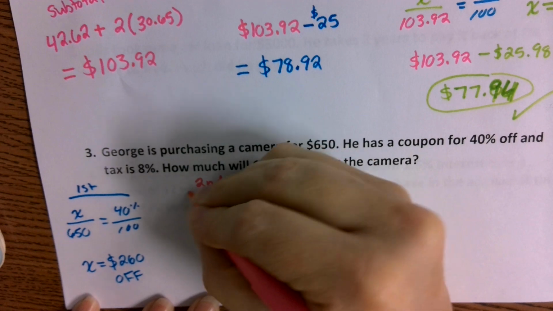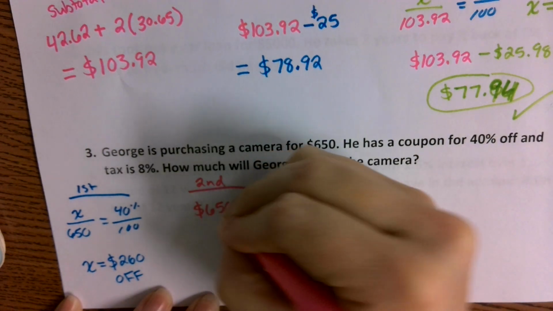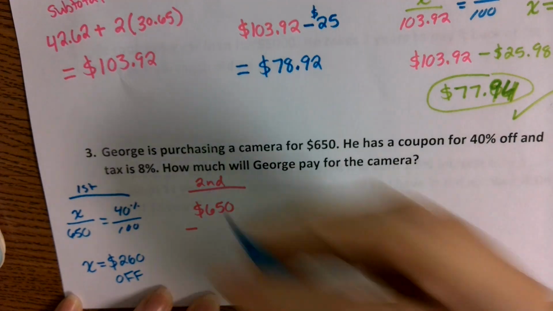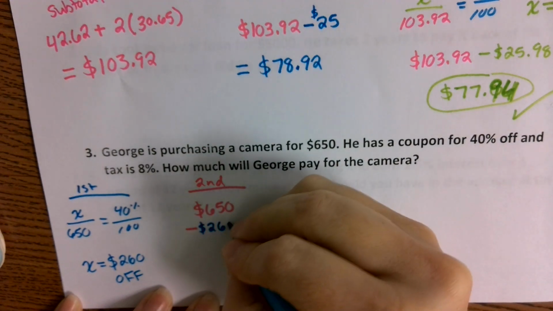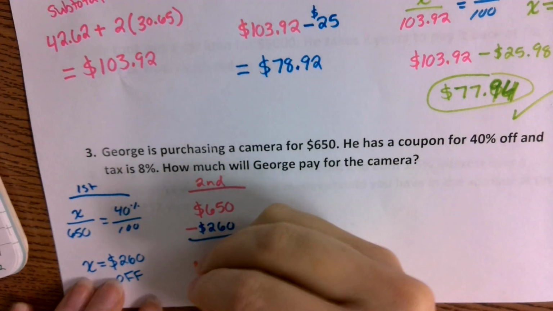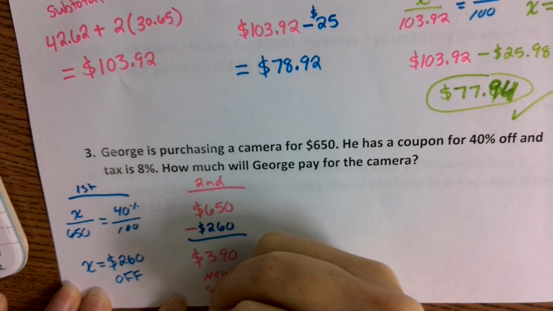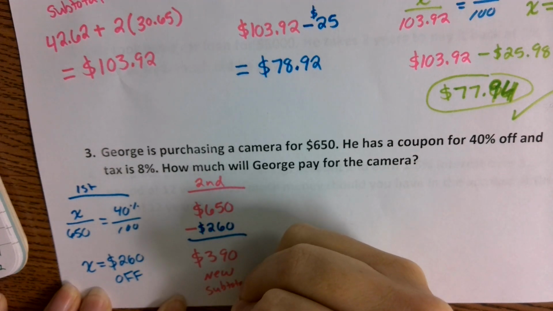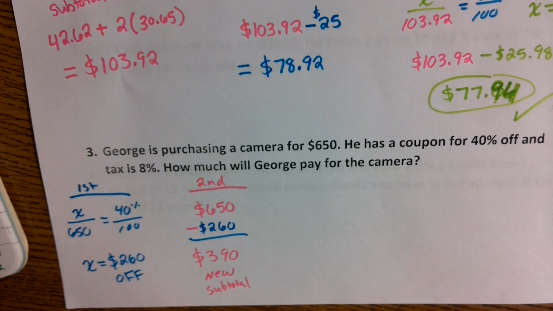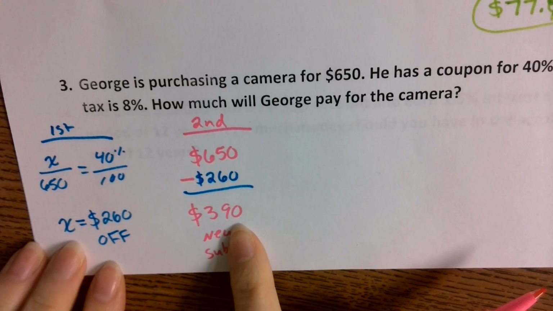The second step is to go ahead and remove it. We're going to do $650 and we're going to subtract the $260. And that gives us our new subtotal, which is $390. That is our new subtotal. Okay, once you have removed your discount, that becomes the new price.